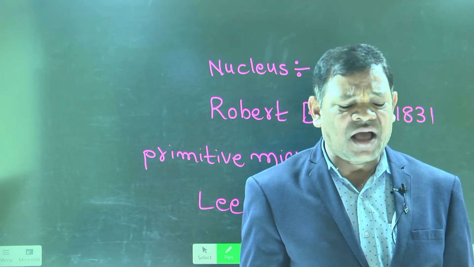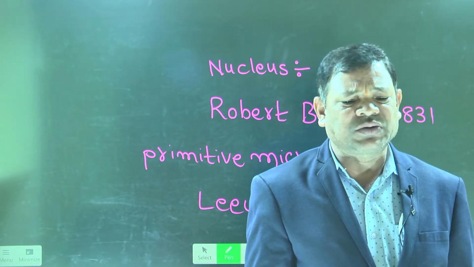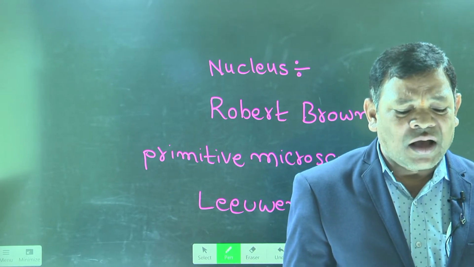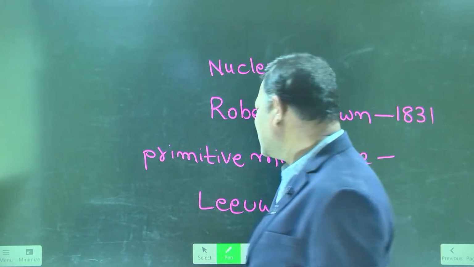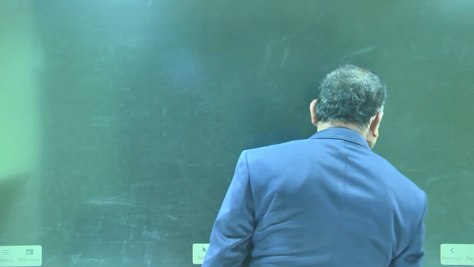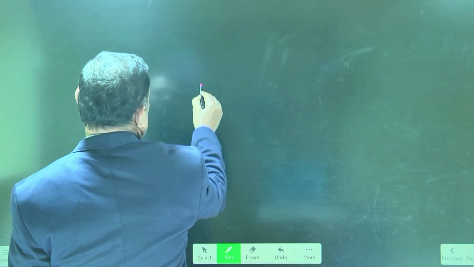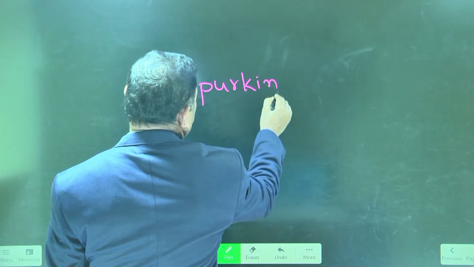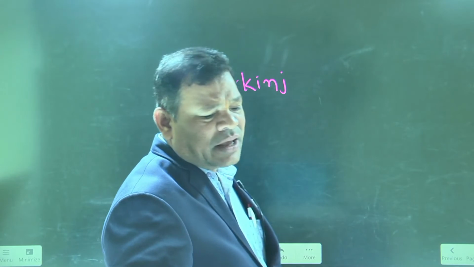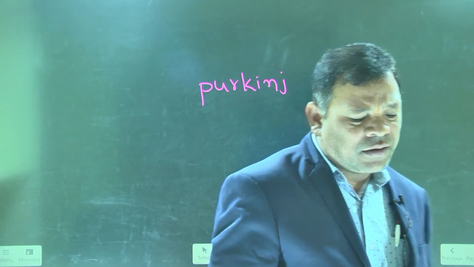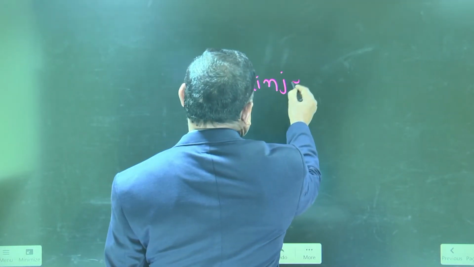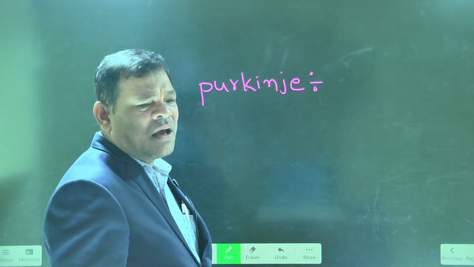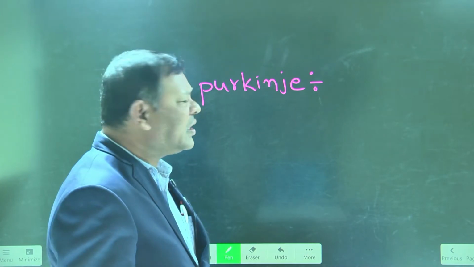Leeuwenhoek discovered the primitive microscope. Next, one more point is Purkinje. What is the scientist's name? Purkinje.